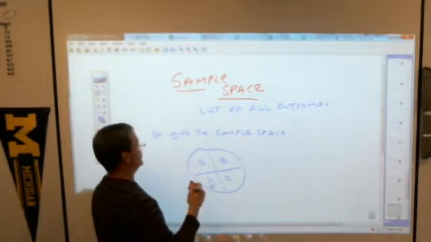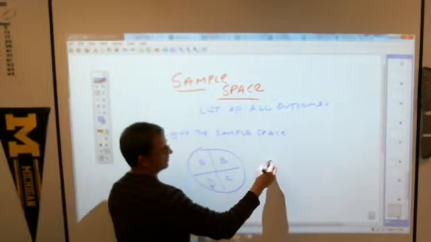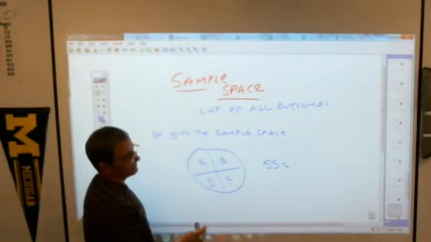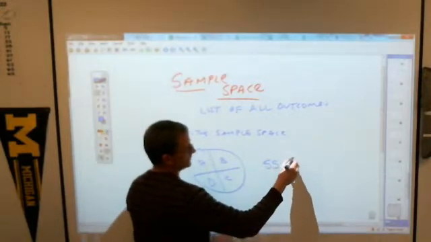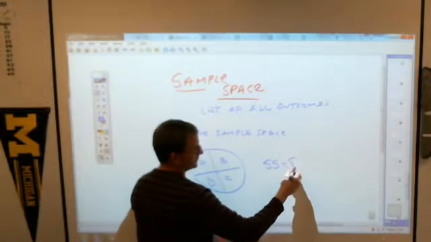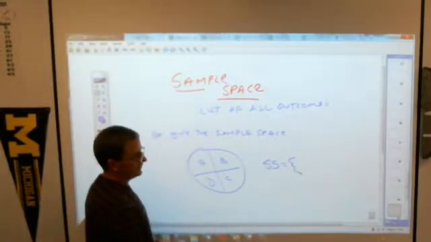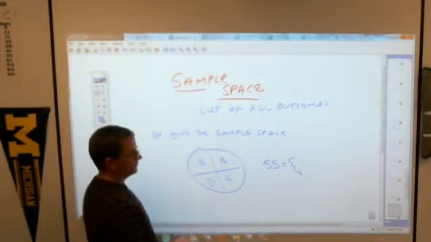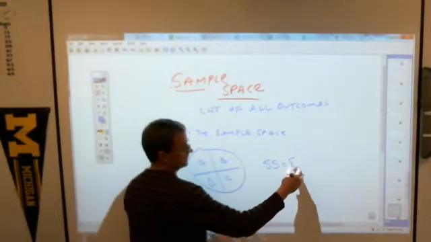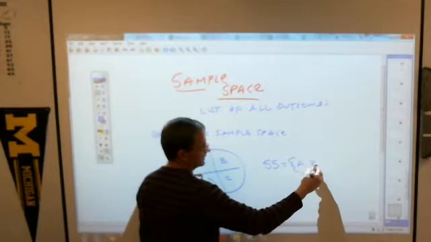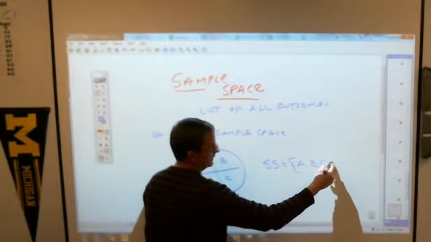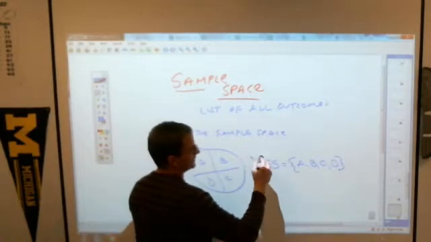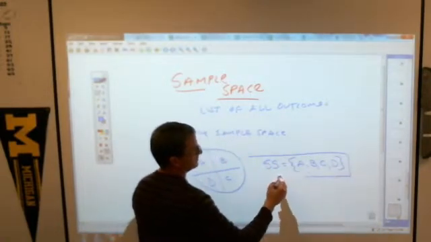Here's kind of how you would show that. The best way to do that is just go SS for sample space, make an equal sign, and then, when we show a list of things in math, it's my favorite symbol to make. You put that little brace there, and you just write down the different things you can get. I can get an A, I can get a B, I can get a C, and I can get a D. There's my sample space.